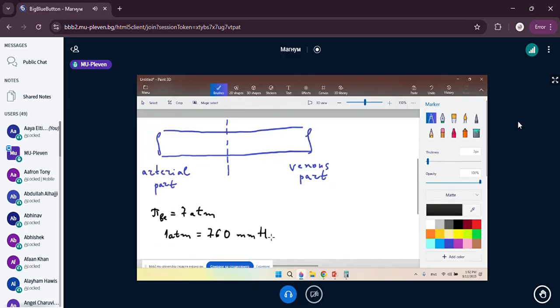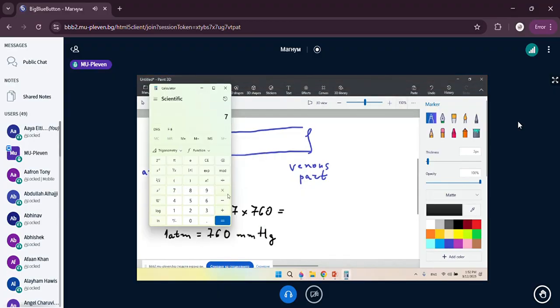This I wrote, I think, previous time, which means that we need to multiply this by 760, so let me use the calculator for quick calculation. We've got 7 multiplied by 760, so we've got 5,320.